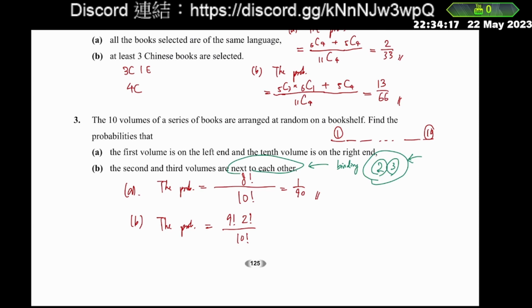After using the calculator, 9 factorial times 2 factorial divided by 10 factorial, it will be 0.2. That means it is 1/5. So this is question 3. And to remind you, part B is about the binding method. It's also one of the common question types we see in DSE.